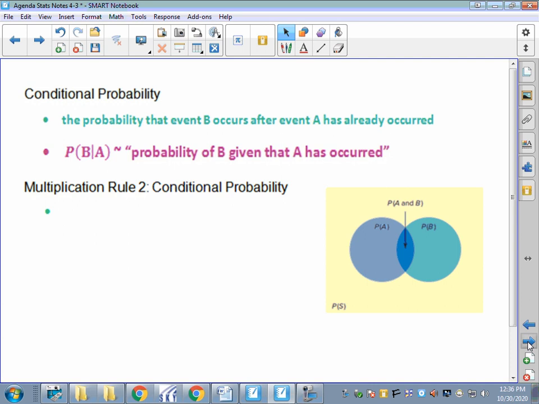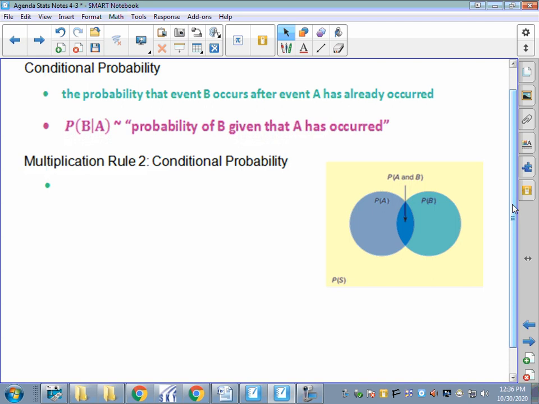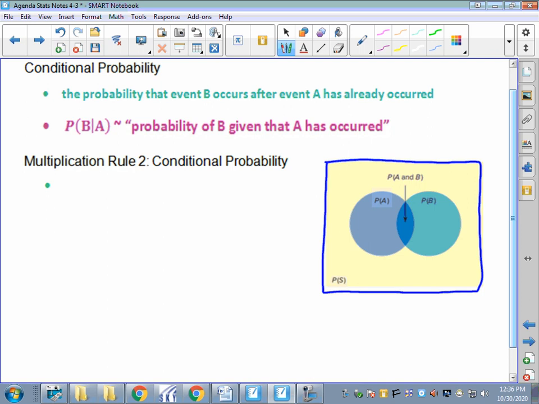And here's our formula. So notice, I've gone back to my Venn diagrams here. This is my 100%. Everything happens within there. I've got bubble A. I've got bubble B. I've got my overlapping union of A and B. But now here's the thing. The probability of A, or probability of B, if A has definitely happened.